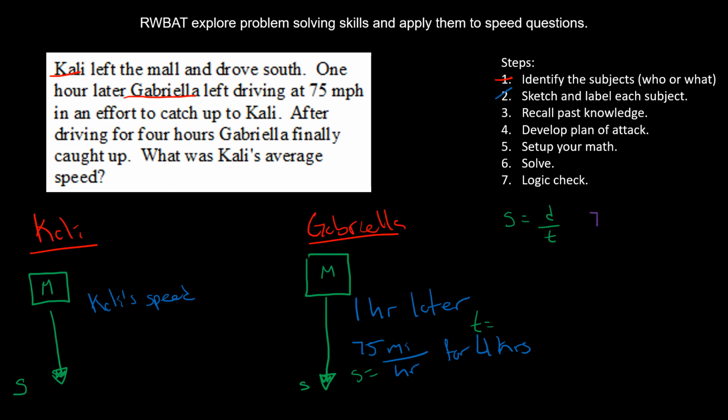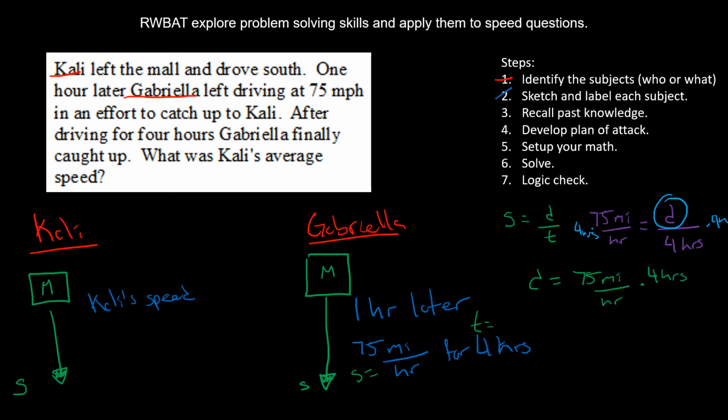We're going to say 75 miles per hour is equal to distance over 4 hours. So we're going to want to solve for distance. So to isolate distance, we want to multiply both sides by 4. All right, 4 hours. So let's clean this up a little bit. We're going to say distance equals 75 miles per hour times 4 hours.